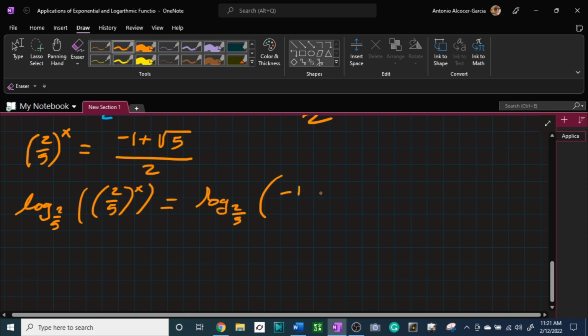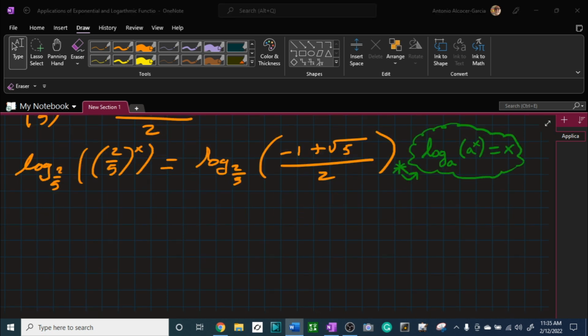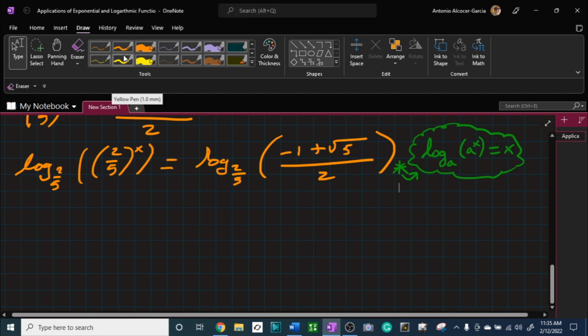Again, take the logarithm of both sides of the equation. Use logarithm of a to the exponent x, with base a, equals x, to simplify the expression.